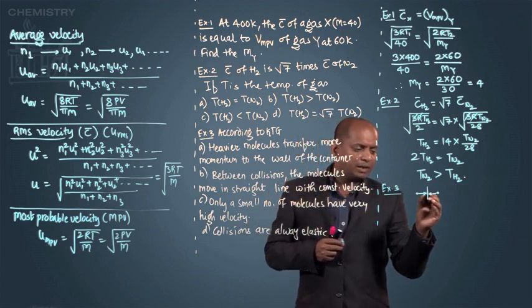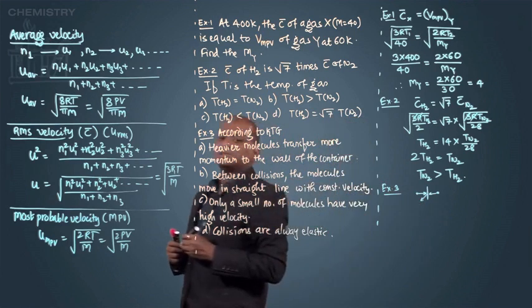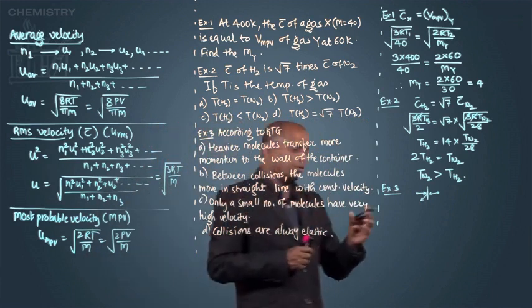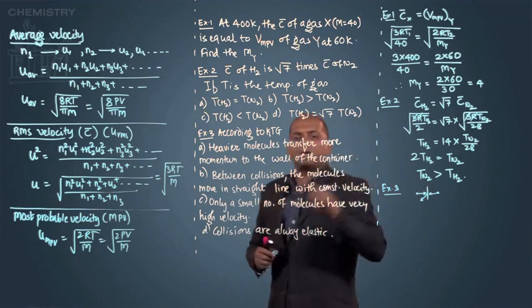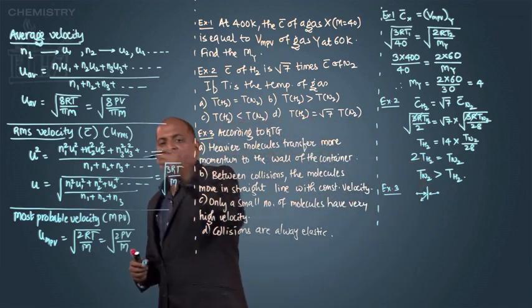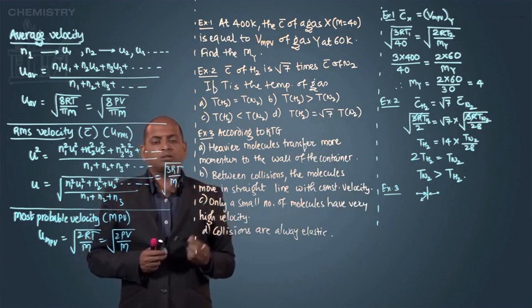Once they come here and collide, they will change their direction. Again they start moving in a straight line. So before collision, the molecules always move in a straight line direction. So B is also correct.